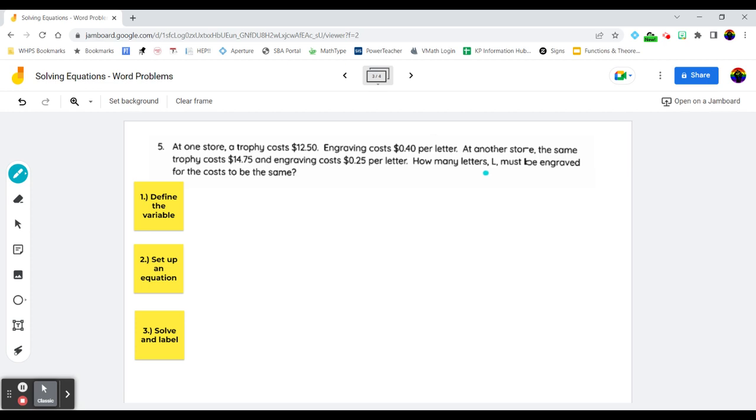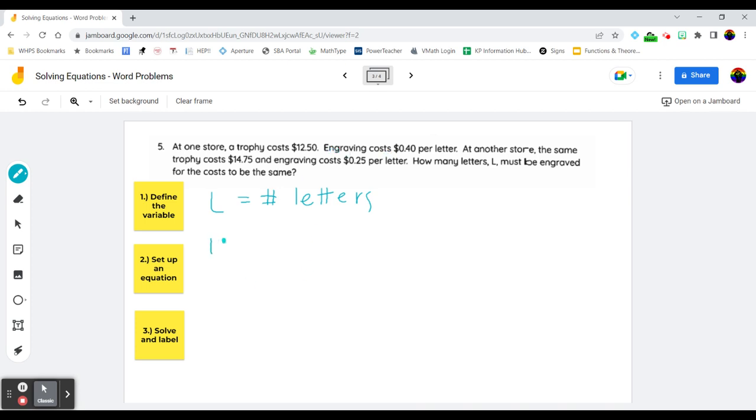Jump to the question: how many letters L must be engraved for them to cost the same? The questions are honestly telling me what my variable is. So L is my variable and it represents the number of letters. At one store, a trophy costs $12.50 and engraving costs 40 cents per letter.